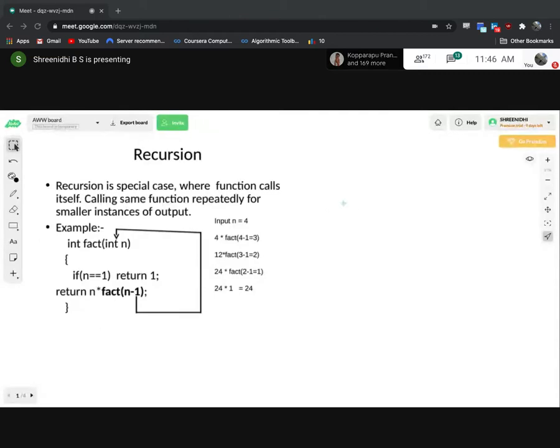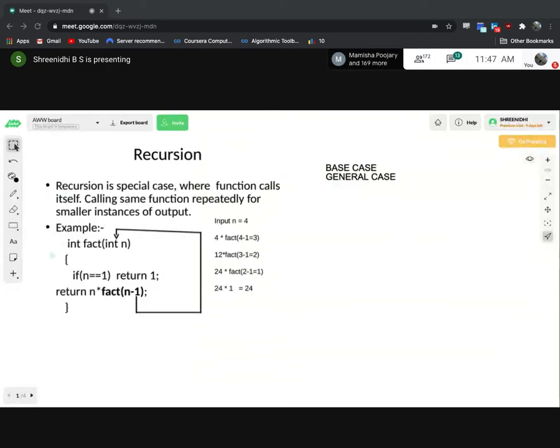Whenever we are writing a recursive function, we need two main things: the base case and the general case. If you want to write any recursive function, we need these two things, the base case and the general case.